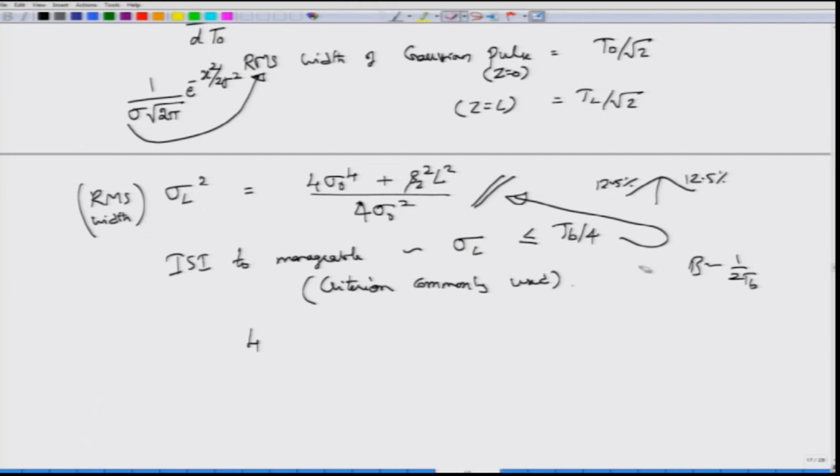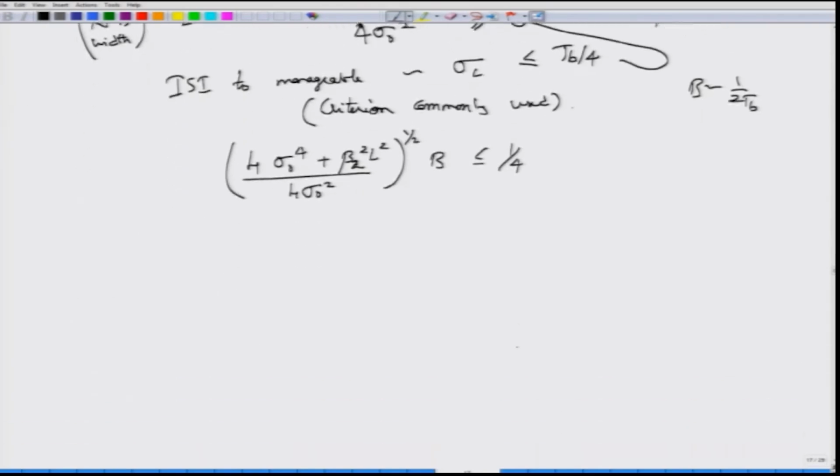So, because of this relationship, you can then take a look at what will happen to sigma L and sigma, in terms of sigma L and B. So, you get 4 sigma to the power 4 plus beta 2 square L square divided by 4 sigma square, which as we know is sigma L square, which we have just written down in the top. So, this to the power half, because you are looking at sigma into B. So, this one times B should be less than or equal to 1 by 4.